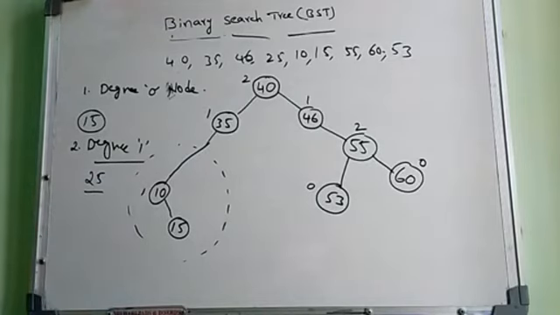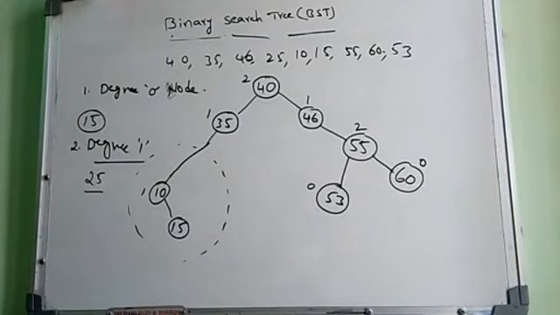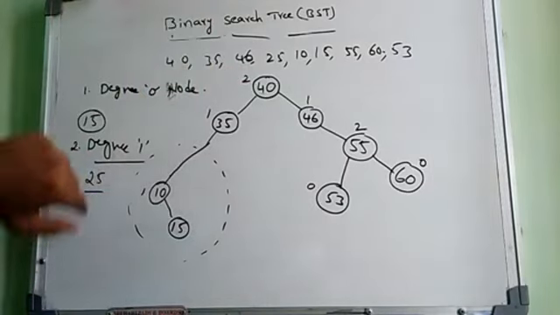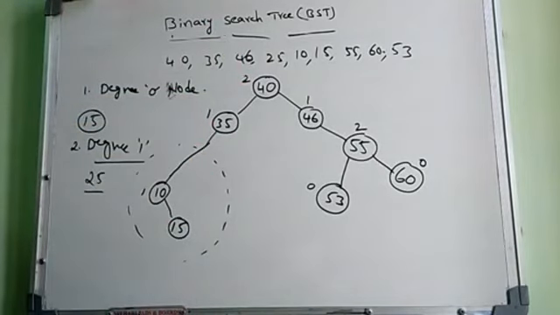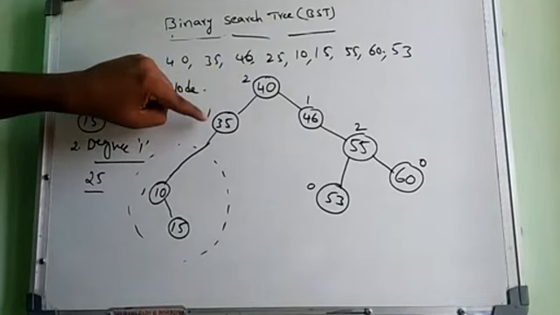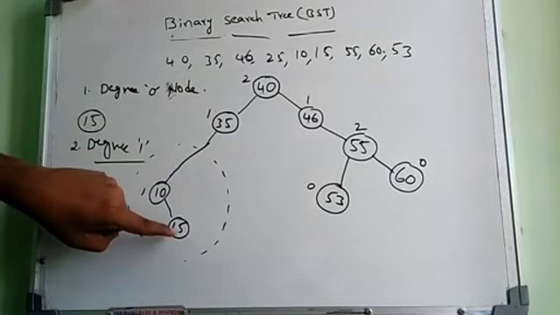What are they? The right side has the greater value than the node, the left side has the lesser value than that node. So check that the deletion at this place follows the binary tree rules or not. 40, 35 is a lesser value. Then the left side is 10, which is a lesser value. Right side is 15.